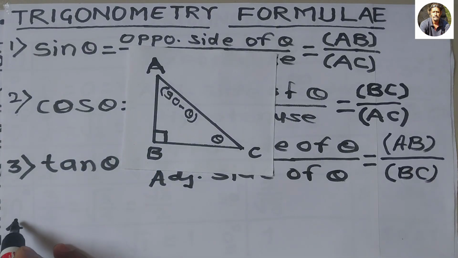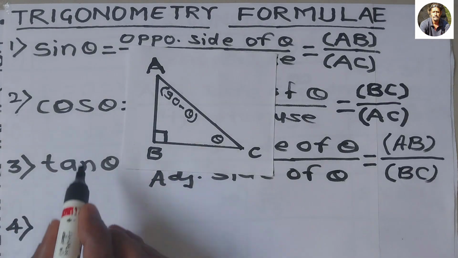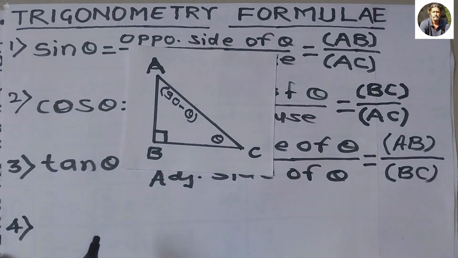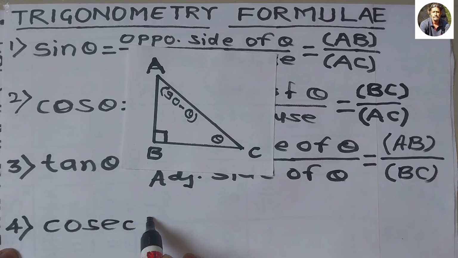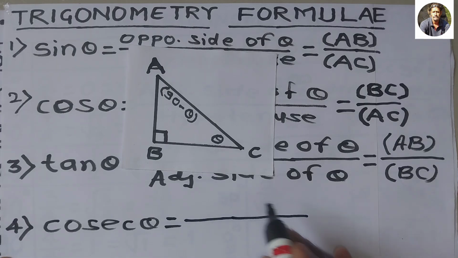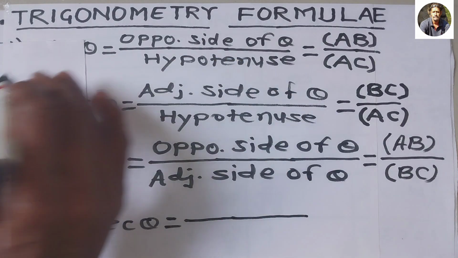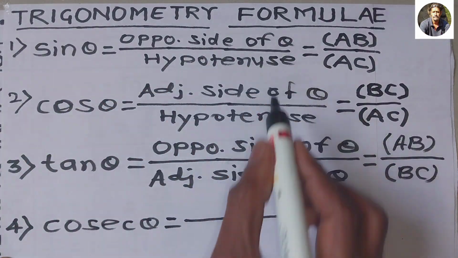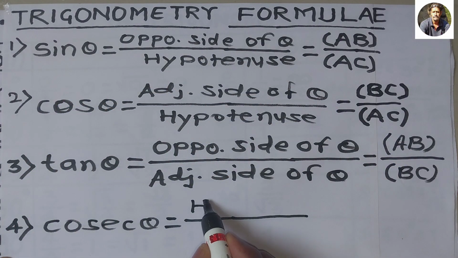Then fourth ratio, that is multiplicative inverse of sin theta, that is cosec theta. Cosec theta is equal to completely reverse. Look here, sin theta, opposite side of theta upon hypotenuse, that is reverse, means multiplicative inverse.